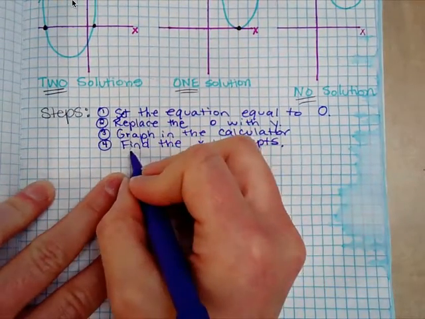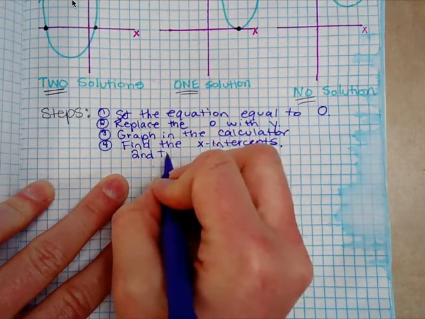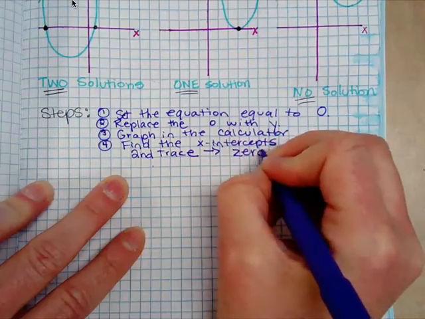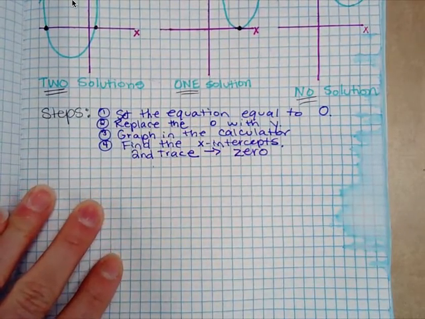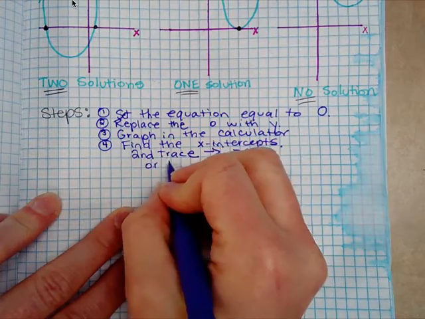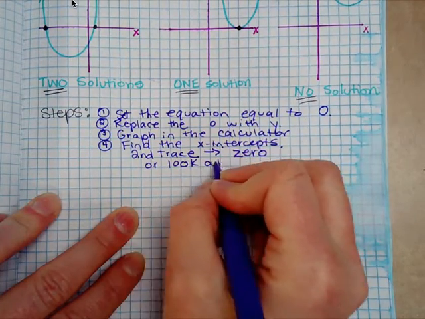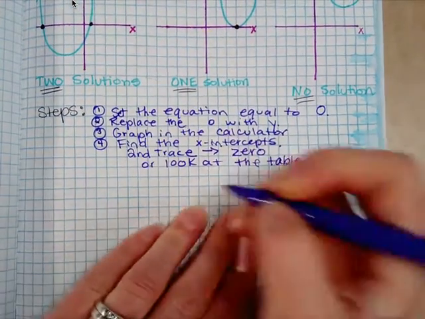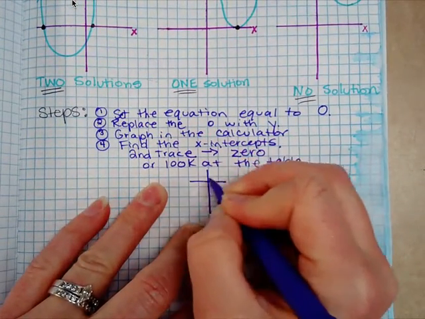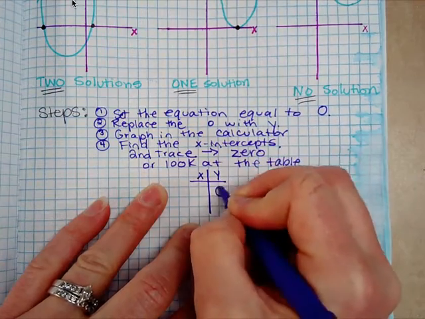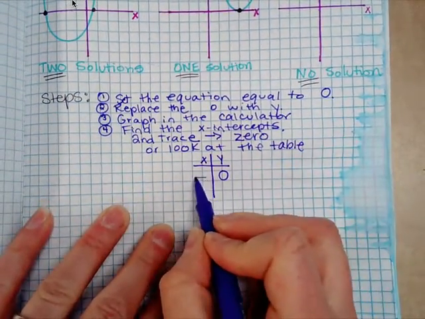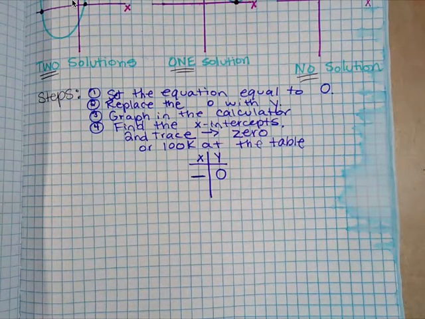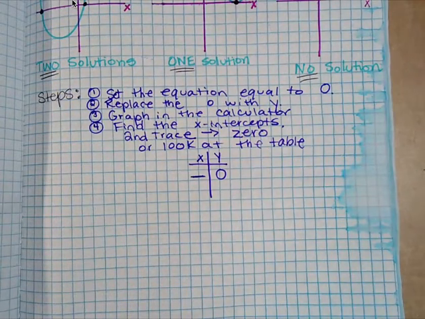You can also use the button second trace and 0, number 2, which is 0. Or look at the table. On the table, it's going to be where x is a number, but y is 0. That is a 0. When it says, what is the 0? It's saying there's a number for x, but the 0 is for y.